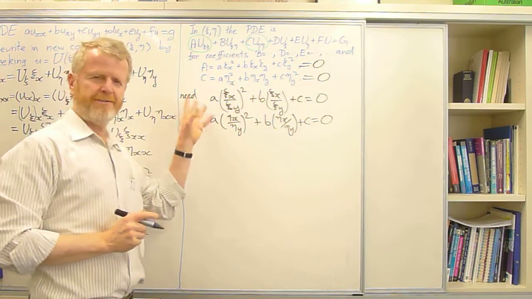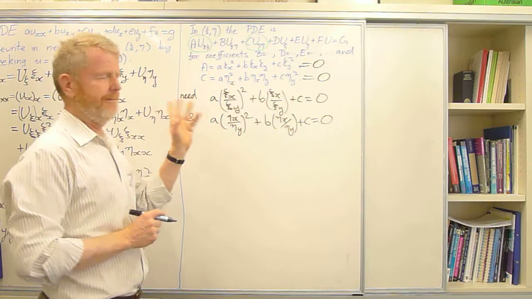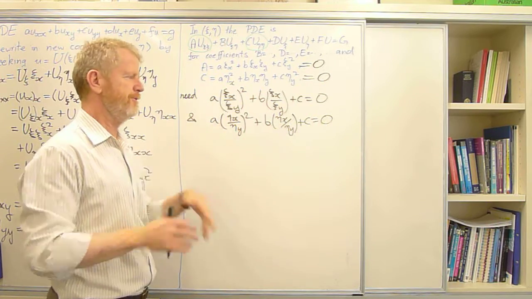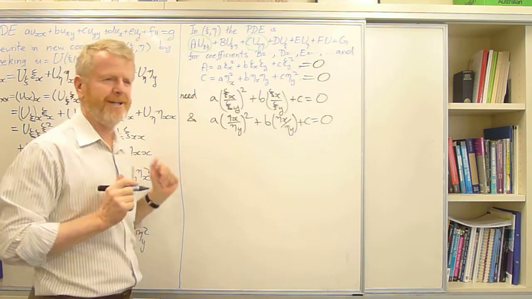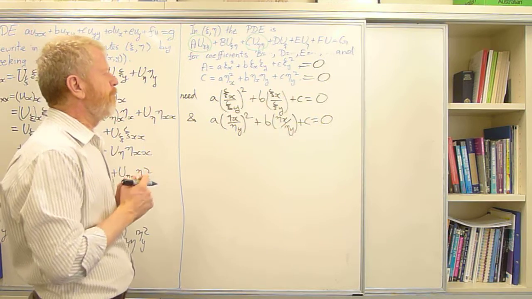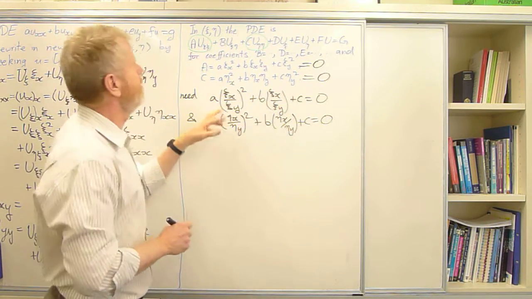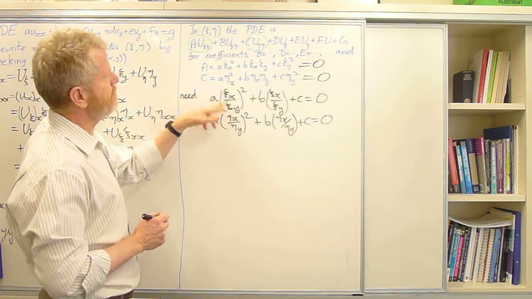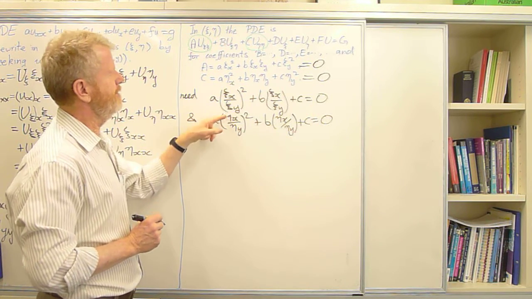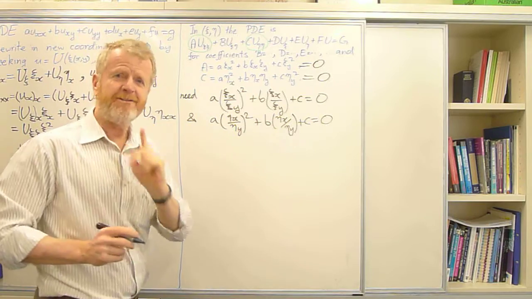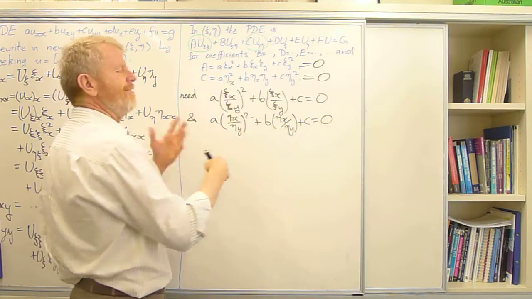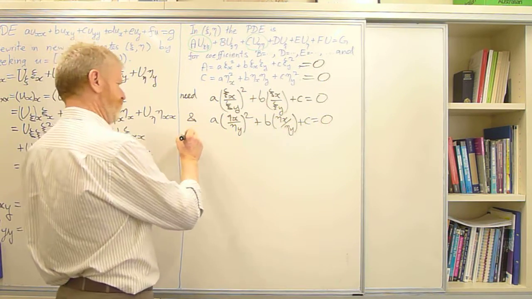Now the great thing about these equations is they're exactly the same form, so if we can solve one, we can solve the other. And also, they are a quadratic equation for the as yet unknown ratios, xi x over xi y and eta x over eta y, and we can solve quadratics. You know, it's the famous formula.